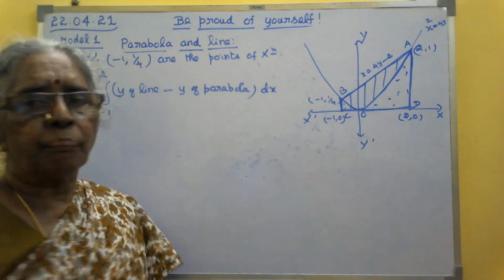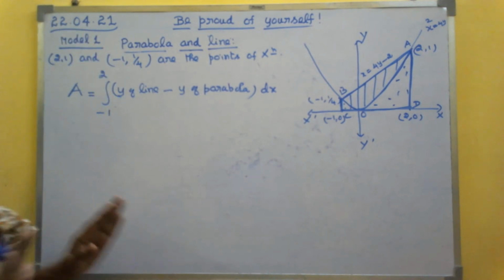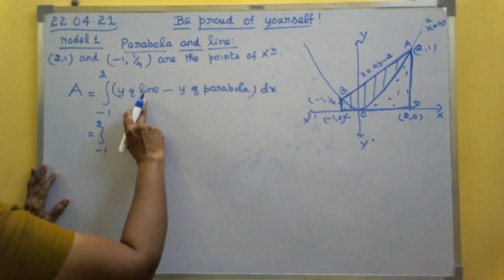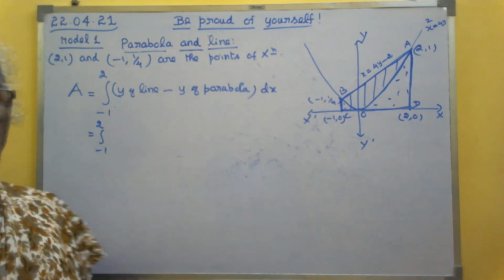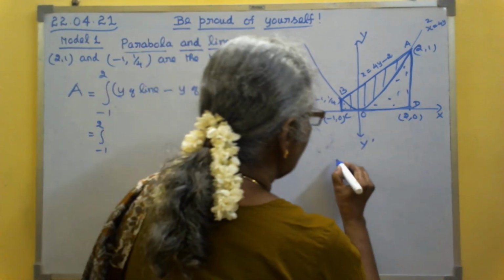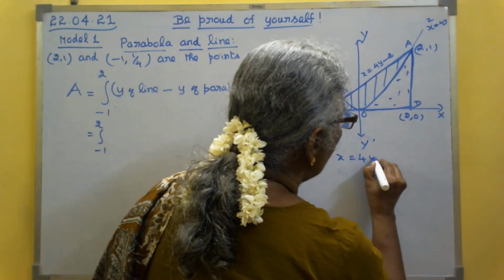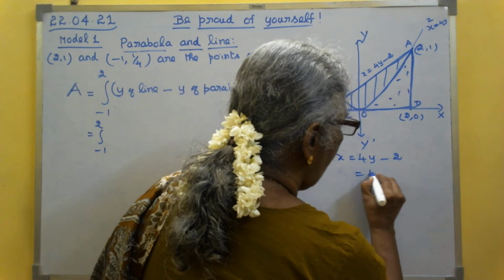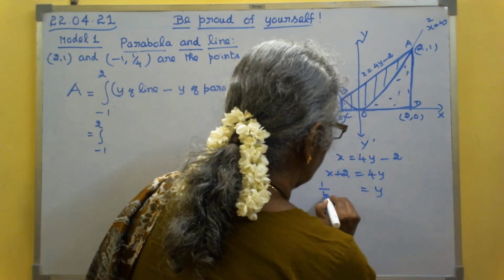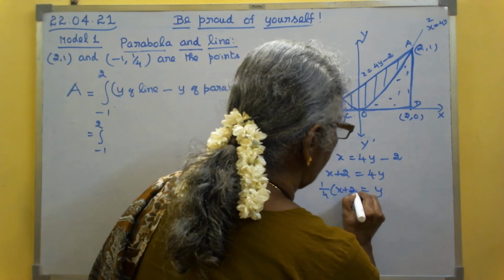That gives me the area of the shaded portion. So now I will get minus 1 to 2. The line as well as the parabola, I should get y is equal to something. So the line equation is x is equal to 4y minus 2 or 4y is equal to x plus 2. So y is equal to 1 by 4 into x plus 2, correct?